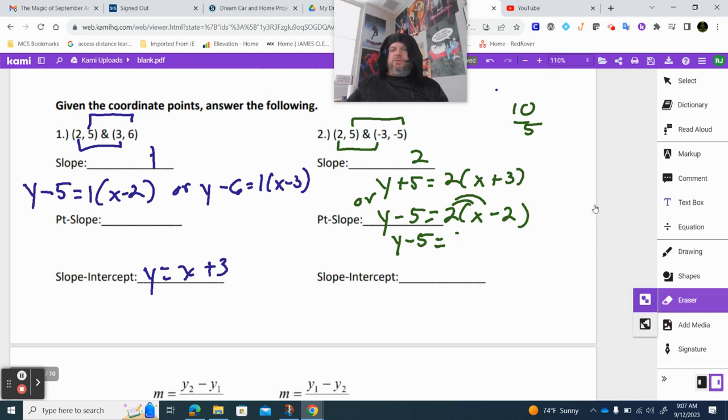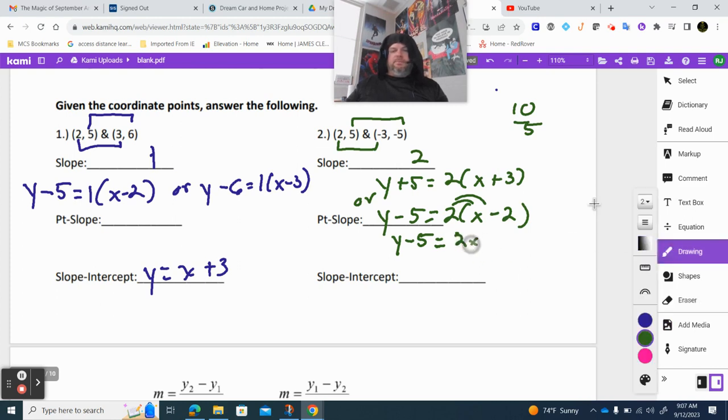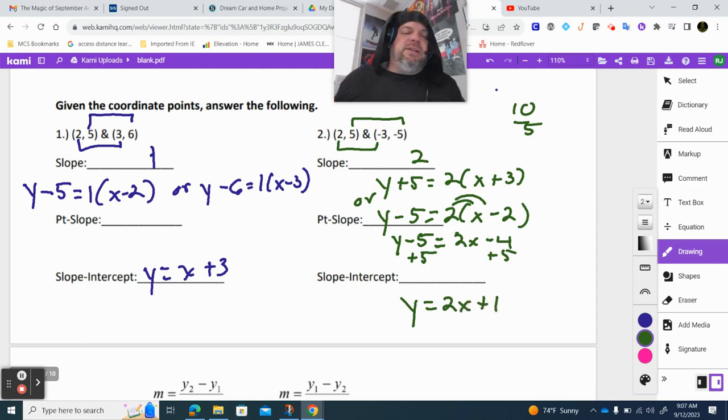Eight times the charm. Add 5, add 5. I would get y equals 2x plus 1. So what's interesting is it doesn't matter which point you pick, you're still going to get the same thing. You're still going to get the same slope-intercept.